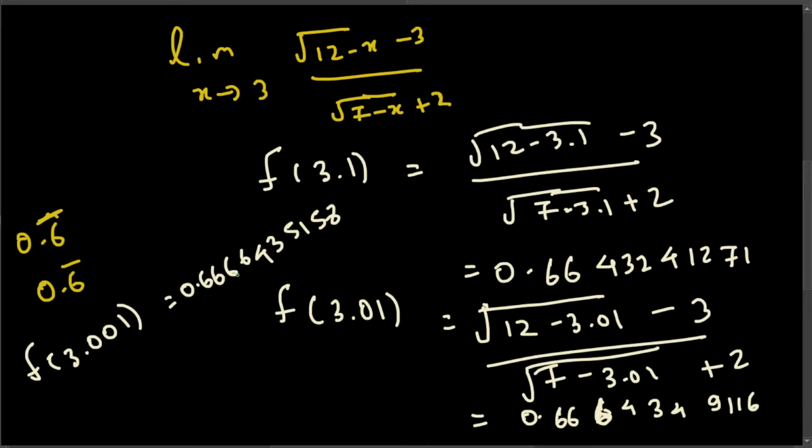Now you can see as we get close to 3, the function is converging toward 0.6 repeating. So you can see this answer is right. Therefore, yeah, we have proved that this is right.